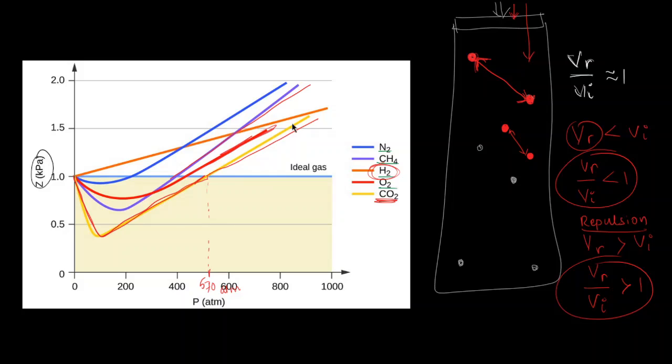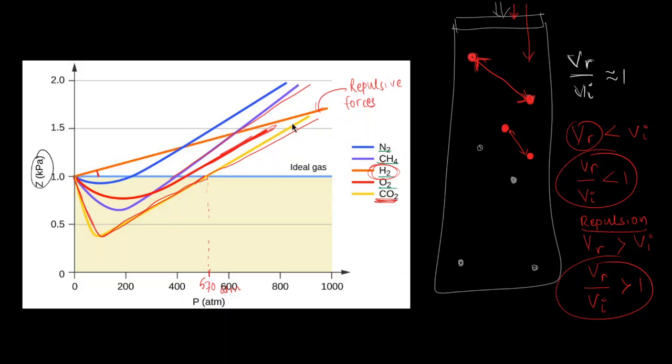So from the very, very initial pressure changes, you see that the hydrogen's graph for Z against the pressure is always staying above 1. So that means for hydrogen, repulsive forces are dominant throughout increasing the pressure.